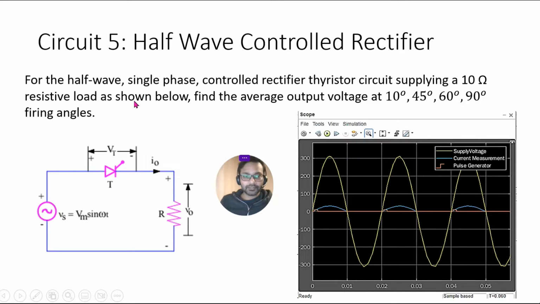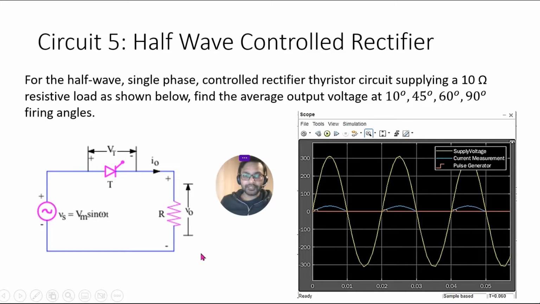So for this half wave single phase controlled rectifier, the thyristor circuit is connected to a 10 ohm resistor load, and we have to trigger it at 10 degree, 45 degree, 60 degree and 90 degree firing angle.